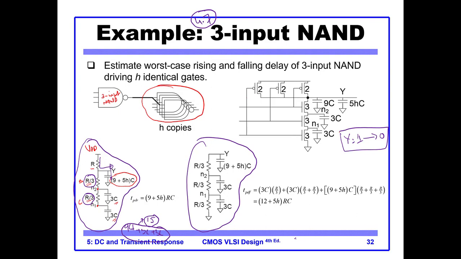So what happens in that case, when the output is moving from 1 to 0, it means that the pull down network is activating. All the NMOS are being activated. Okay, so in that case, what is the equivalent circuit?